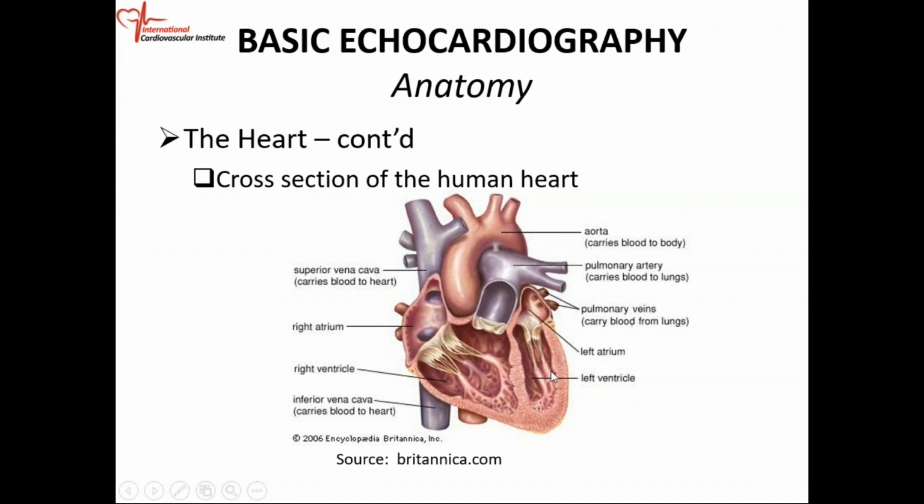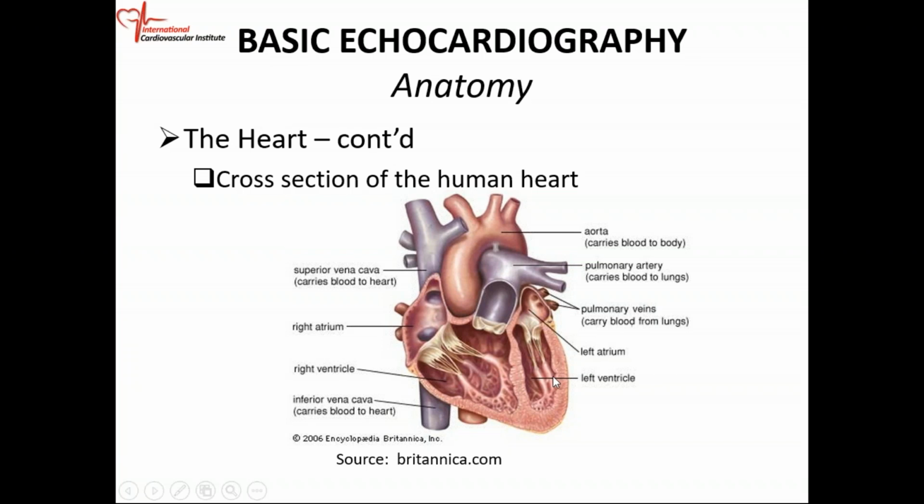The papillary muscles are attached to the myocardium. So the papillary muscle is a muscle and it is attached to the heart muscle. Attached to these papillary muscles are what we call chordae tendineae. These little fine cords, the chordae tendineae, attach themselves to the valve and prevent the valves from prolapsing into the atrium.